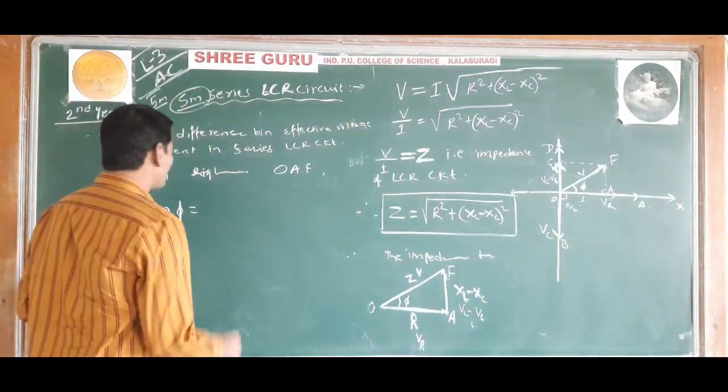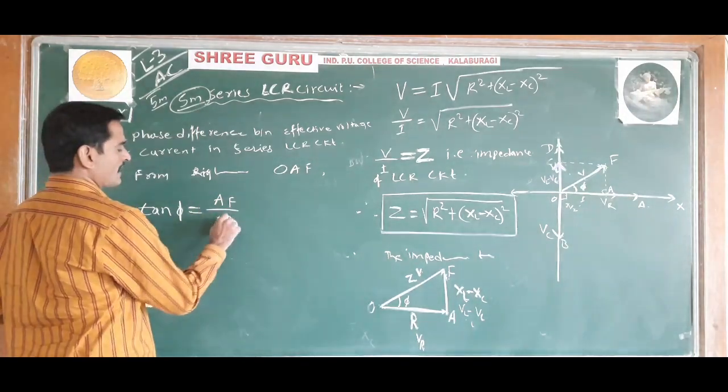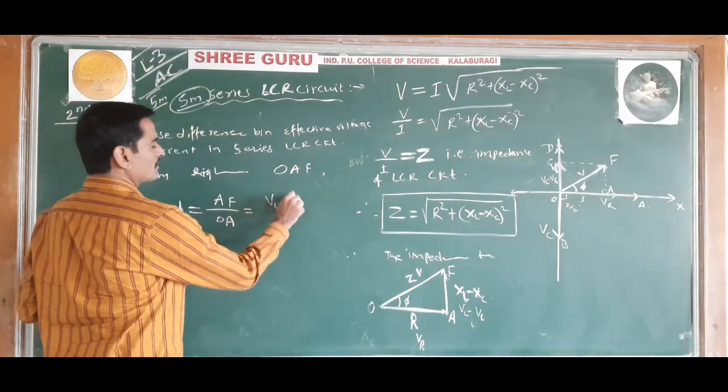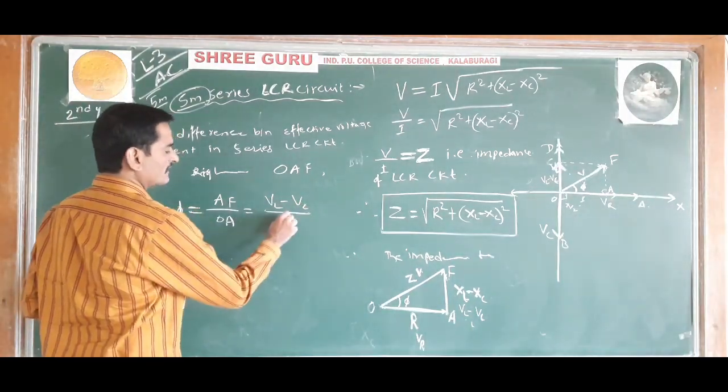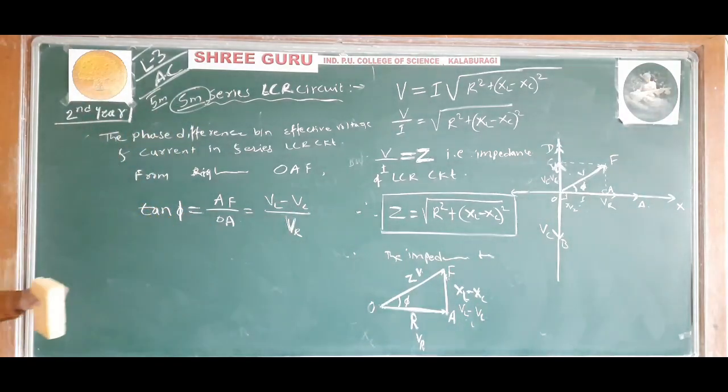AF is nothing but VL minus VC, and OA is nothing but VR. So VL minus VC divided by VR.